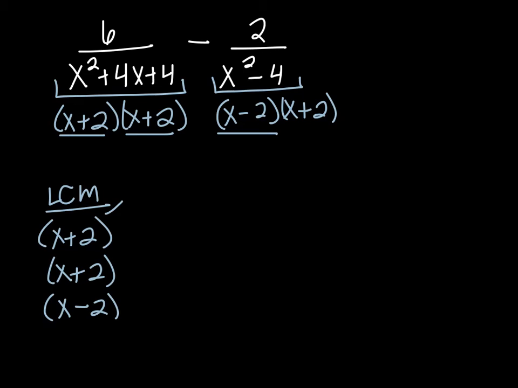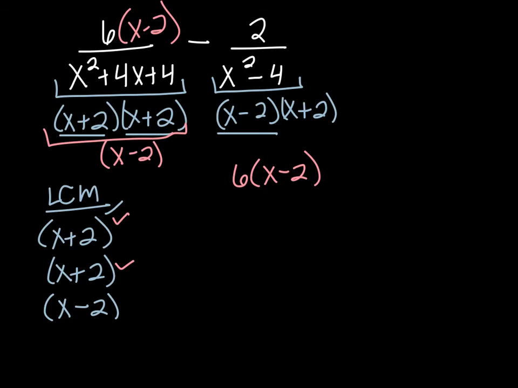So then we have to say, well, what is missing in each term? This first term right here, if I have an x plus 2 and an x plus 2, then I'm missing an x minus 2 top and bottom. So when I rewrite that, I have 6 times x minus 2 all over the least common multiple of x minus 2, x plus 2, x plus 2. And I'm just going to write it for space sake like that.